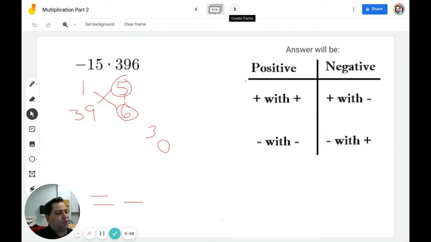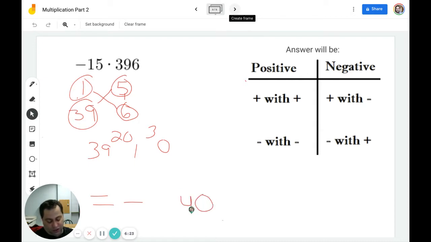Well, 5 times 30 is 150. 5 times 9 is 45. 150 plus 45 is 195. And then 195 plus 6 is going to be 201. Lastly, I do 1 times 39, and I get 39. Writing my numbers out right to left, I get 0, 4, and then 3 plus 2 is 5, so it's going to be 59.